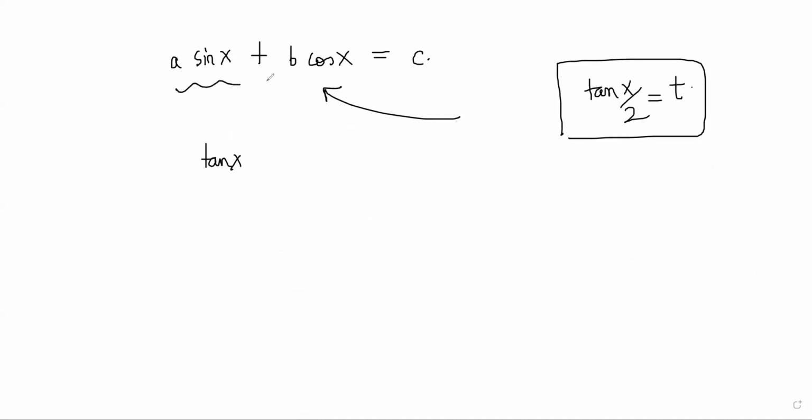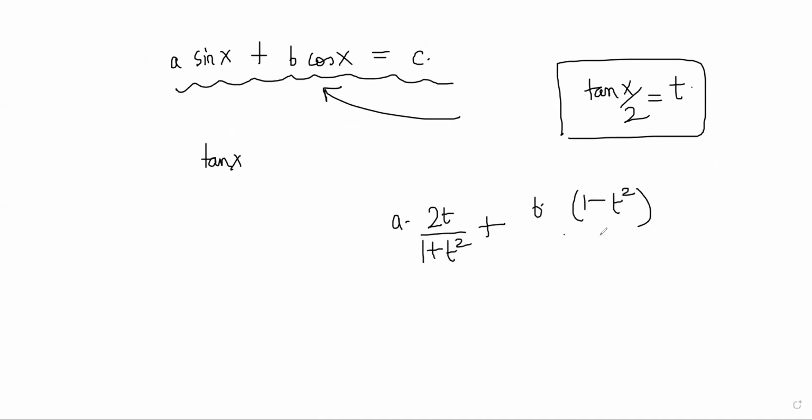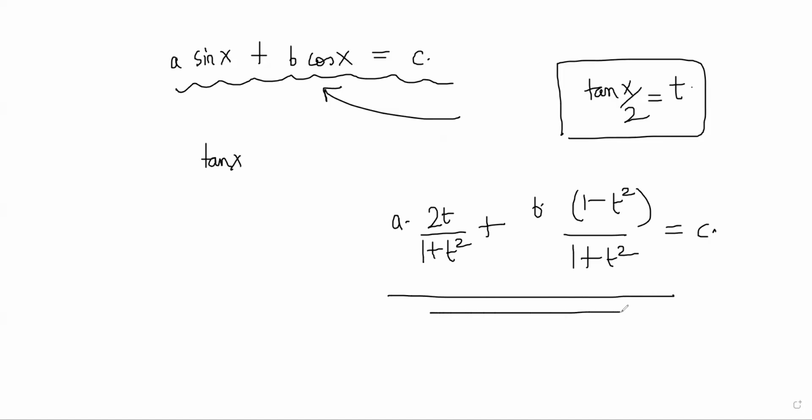You will be able to convert this into a simple quadratic by saying a into 2t by 1 plus t square plus b into 1 minus t square by 1 plus t square is equal to c. And this becomes a quadratic in tan x by 2. So that idea is important for everyone to learn. I hope it is clear to everyone.